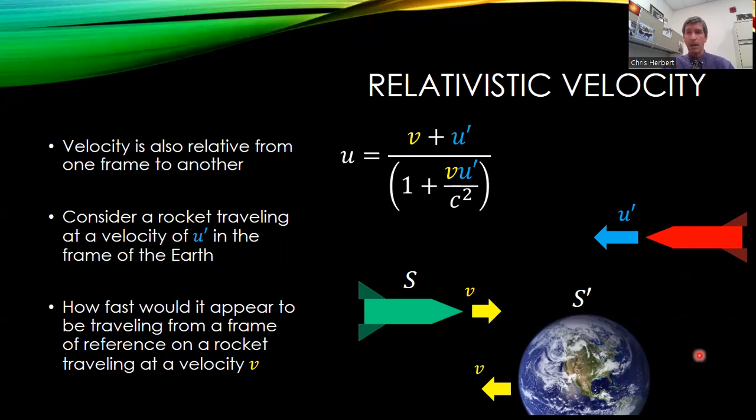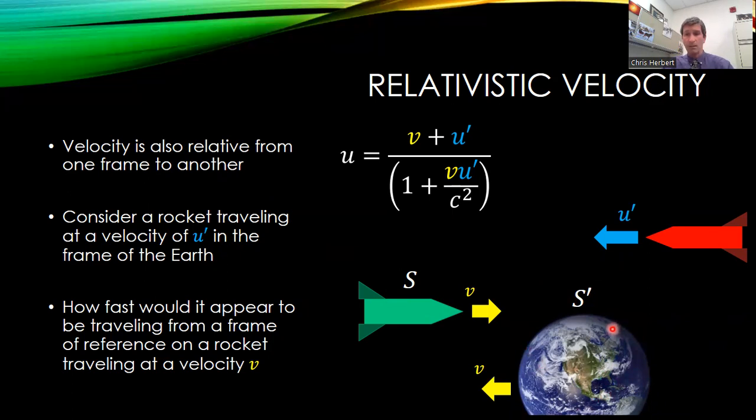So what I have to do is say, all right, I'm in this frame of reference. I'm worried about how my other frame is moving with respect to me, not how I'm moving with respect to it. So the Earth is coming toward me at some velocity V in my frame.